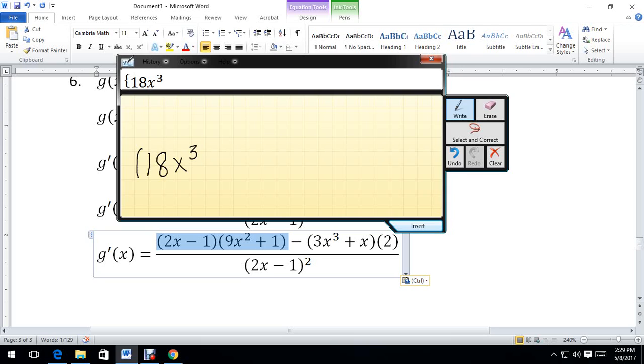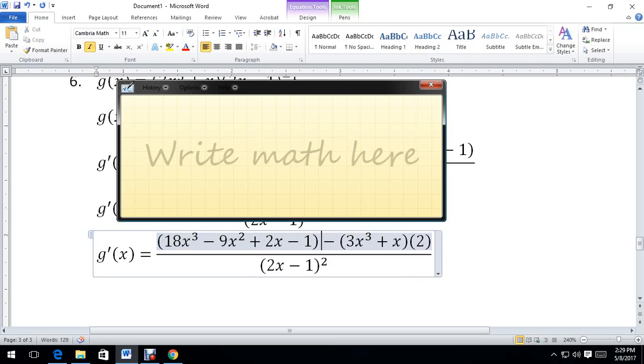Next is you have 9x squared times negative 1, so that becomes negative 9x squared. Next is 1 times 2x, that gives us 2x, so plus 2x. Then negative 1 times 1, that gives us negative 1. Alright? So that part of the equation becomes this one: 18x cubed minus 9x squared plus 2x minus 1.